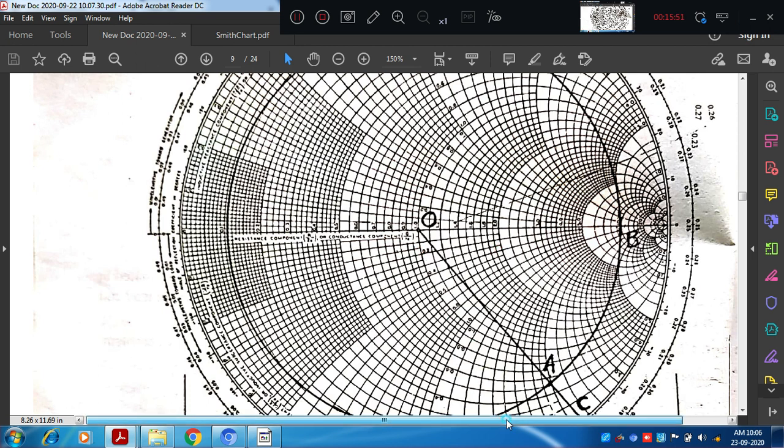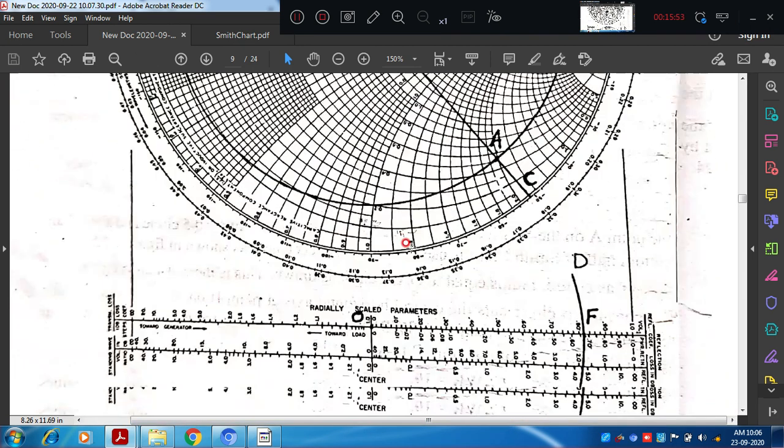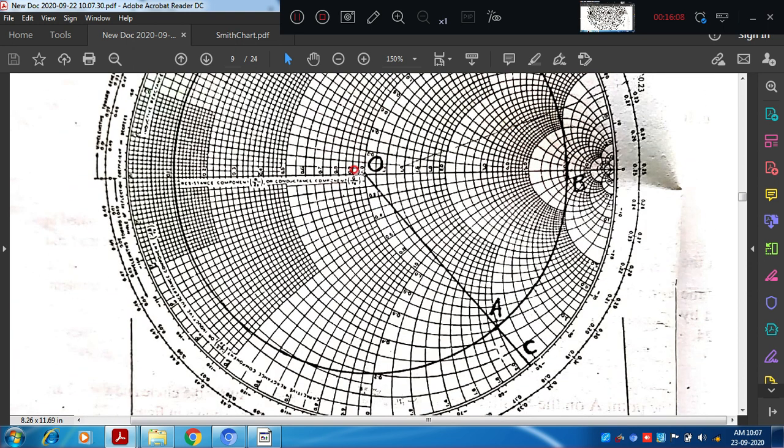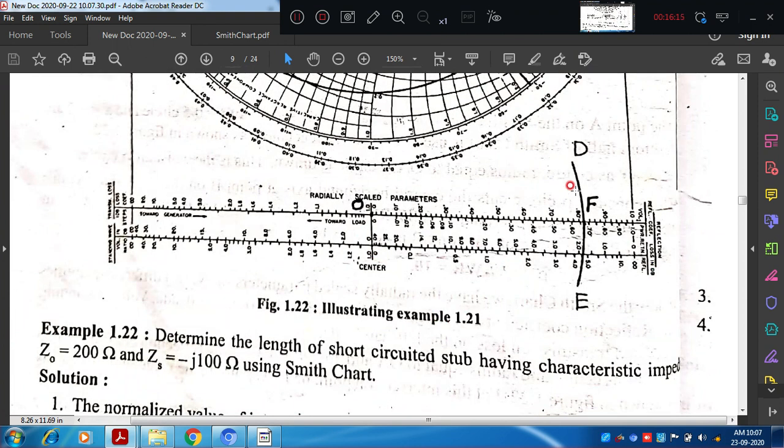So this is how we need to solve the numericals with respect to the Smith chart. This is very important. Scaling: to get the magnitude of the reflection coefficient, you should cut the lower scale with an OA radius. Whatever the intersection point is, that much distance we should take and cut that axis to get the magnitude of the reflection coefficient.